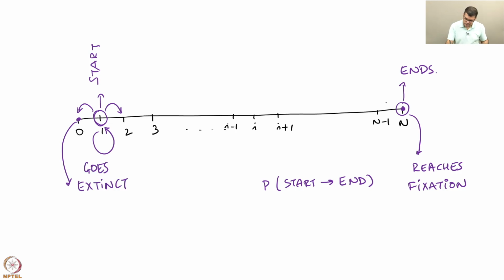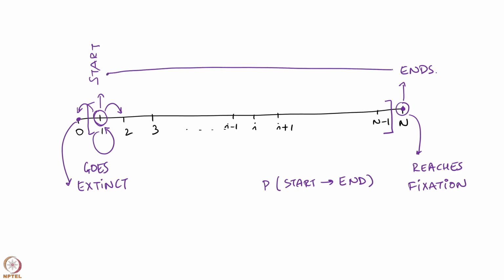There are all these n minus 1 states which are available to the mutation and the system will transition through these n minus 1 states, but those are all just transient. Its fate is not just decided, it is just its frequency is fluctuating as it is being driven by chance events. Its fate will be sealed when it reaches either one of these 2 ends of this number line. And we are interested in studying the probability that what is the chance that it is going to end up at this fate compared to the other one. And that is what we are going to develop in the next video.